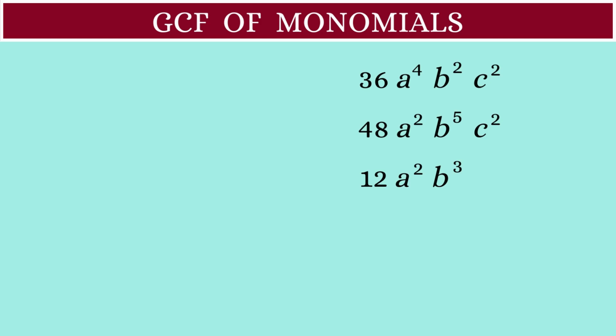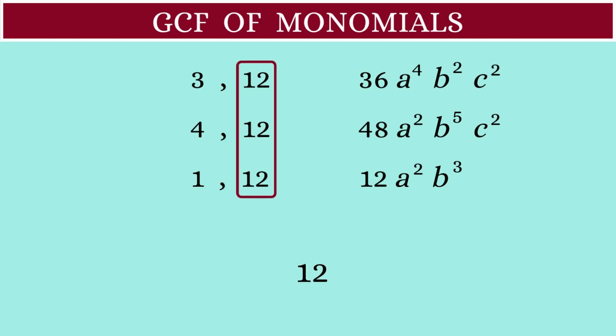Here all the 3 coefficients are multiples of 12. So we can write their factors as 3 into 12, 4 into 12 and 1 into 12. Here the common factor is 12.